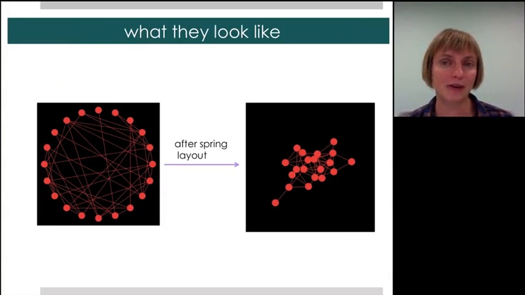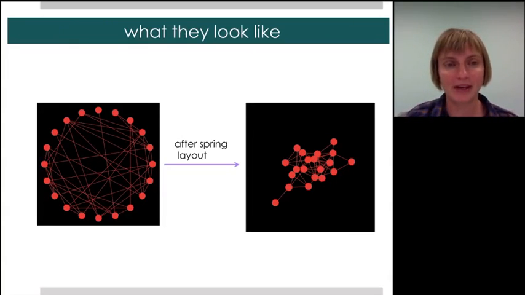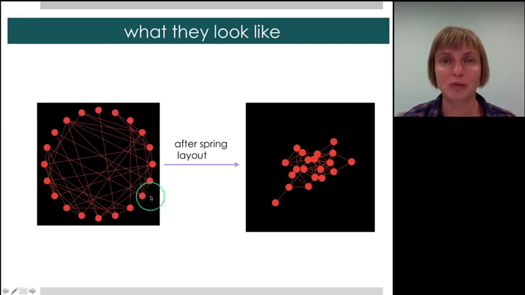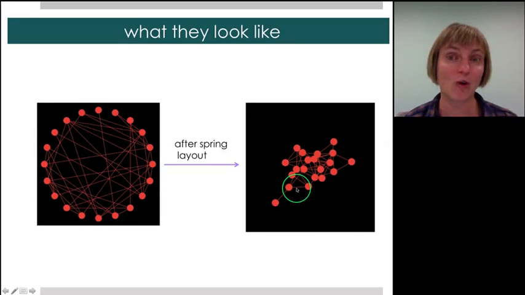Now, what does an Erdős-Rényi network look like? Here I've taken 20 nodes and I've added some edges at random to connect them, the very definition of an Erdős-Rényi random graph. Last week I said that if you apply a spring layout algorithm to a network to reposition the nodes, placing the ones that share an edge close together, this can reveal some of the underlying structure, like hopefully you saw with your or my Facebook network, right?